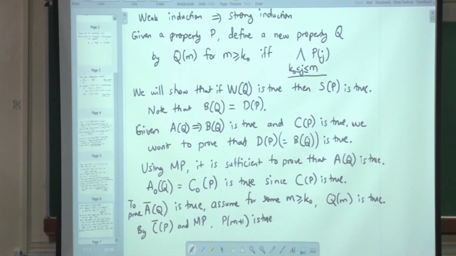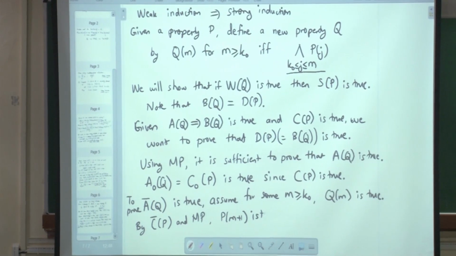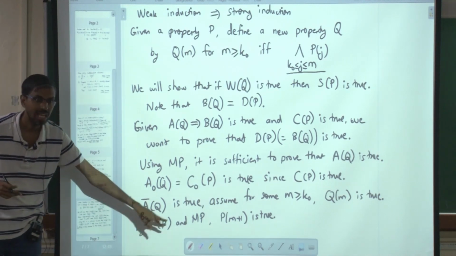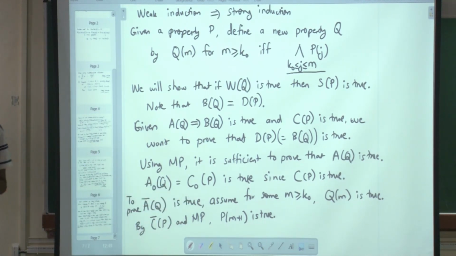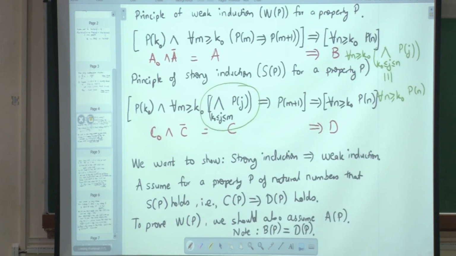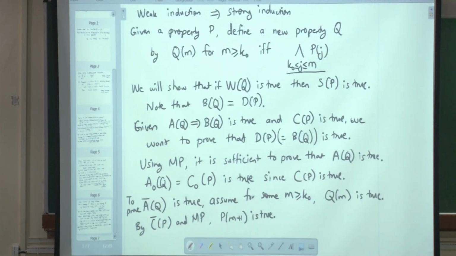That was using the property of C bar P. I am given C of P is true. So therefore, C bar P is true. C0 and C bar are true. So I am using C bar P and then modus ponens to conclude that P of m plus 1 is true. Please have a look here again. This is C bar and I am assuming the green circled part. So what is given? That P of m plus 1 is true.